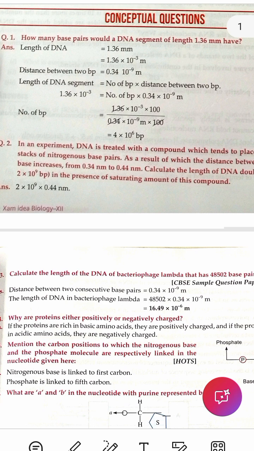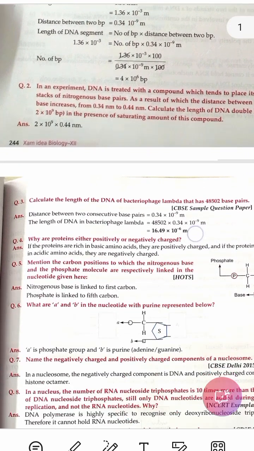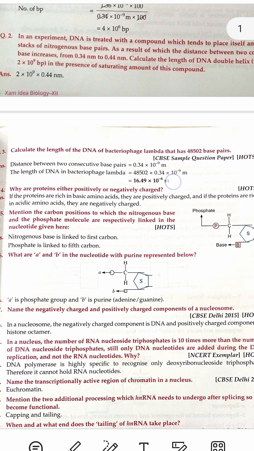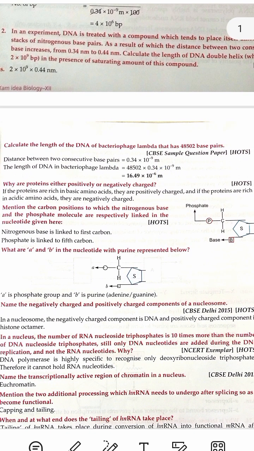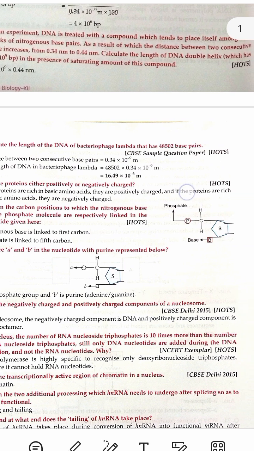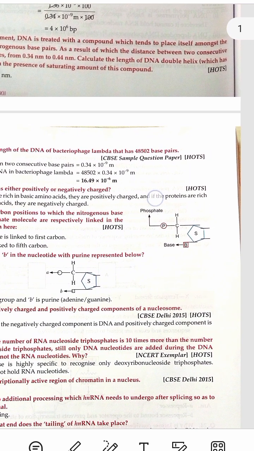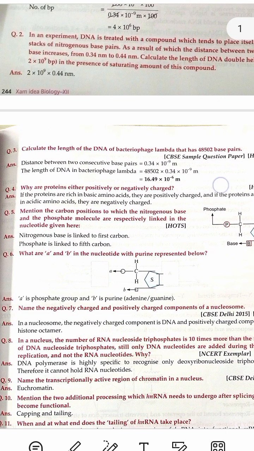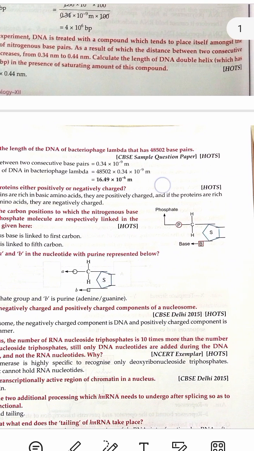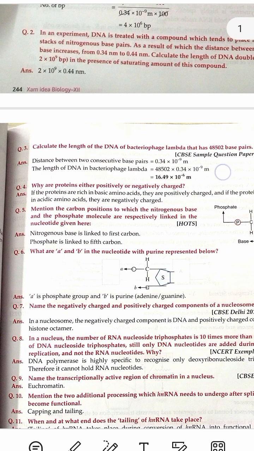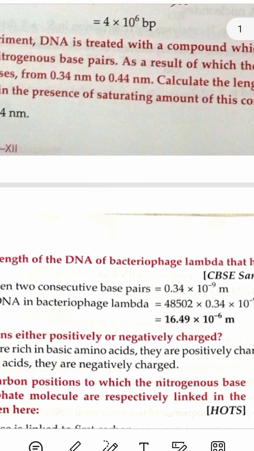So this is a very simple question. Now going to the second question: in an experiment, DNA is treated with a compound which tends to place itself among the stacks of nitrogenous base pairs, as a result of which the distance between two consecutive bases increases from 0.34 nanometer to 0.44 nanometer.